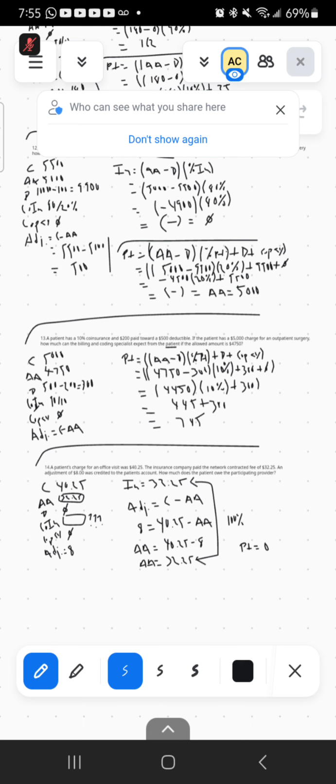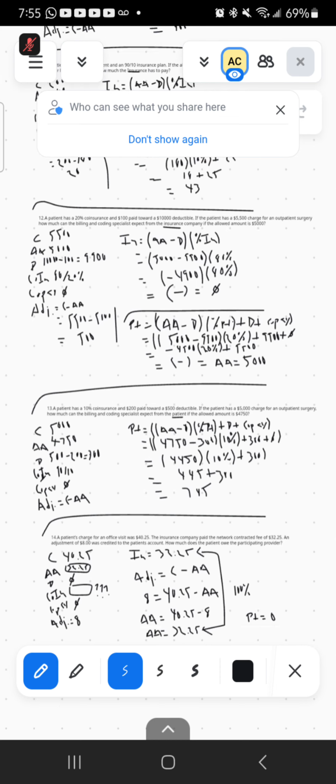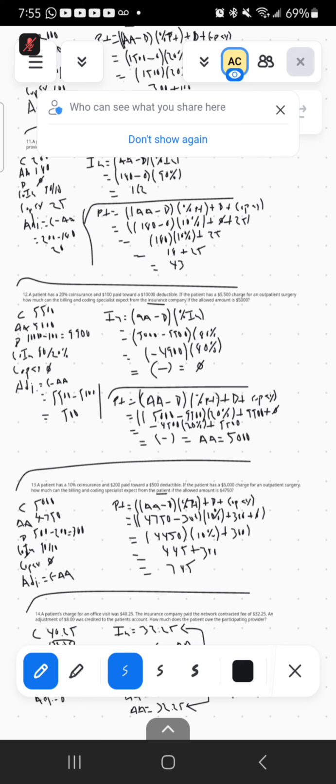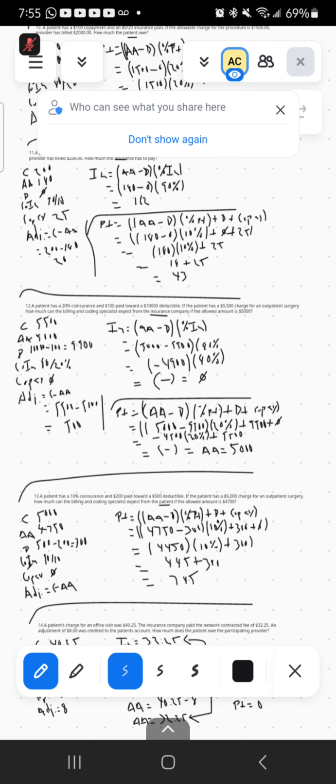It's like showing you this one and saying, how much is all of that without giving you the question. I'm only giving you the payment from the insurance and the adjustment. So it's just another way of seeing the question.